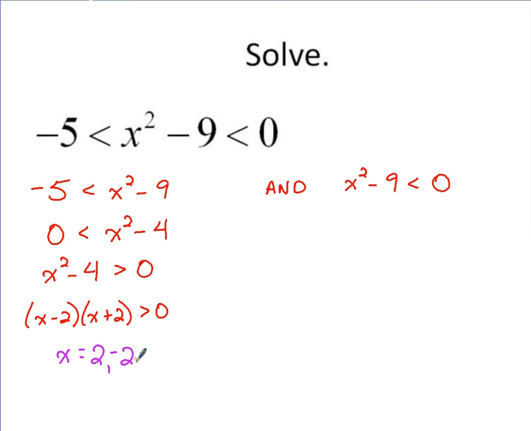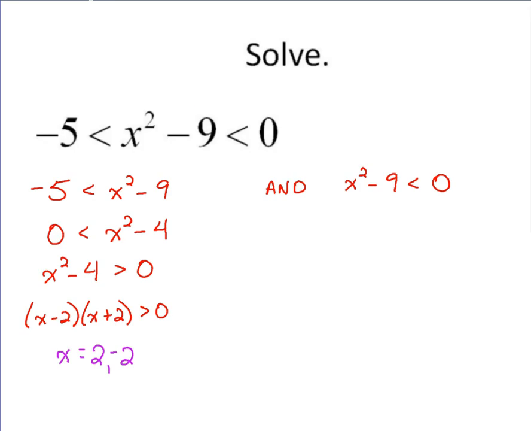Now let's go ahead and focus our attention on finishing off this portion of the problem. We know there's a parabola here passing through negative 2 and 2. With regards to the direction that parabola is opening, it's opening which way? It's opening up, right?